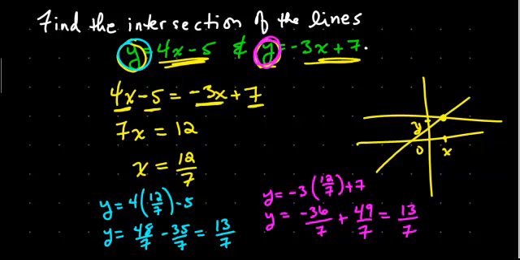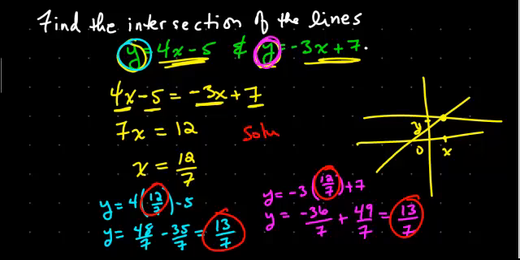We see in both cases, I let x be 12 sevenths, and I got y to be 13 sevenths, just demonstrating that it didn't matter which one we put it in. So our solution is going to be 12 sevenths and 13 sevenths. That's where these 2 lines are going to intersect.